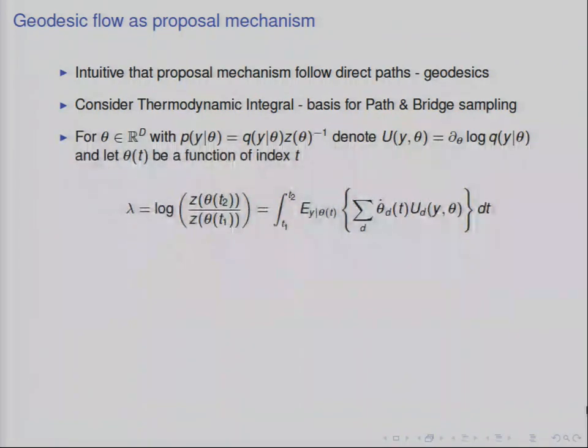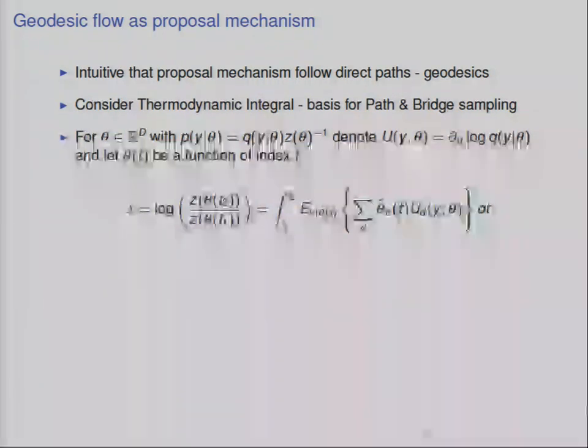If we've got a d-dimensional parameter space, random variable space of interest, then this here, of course, is the dth element of the vector of the derivatives of the log of the unnormalized density, likelihood. And this here, theta dot d, is the derivative of the path through theta, right, with respect to this index t.